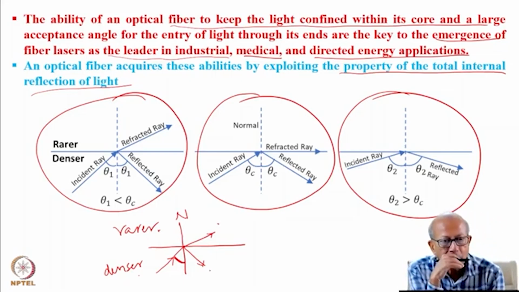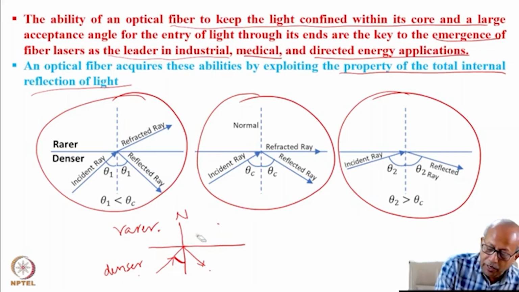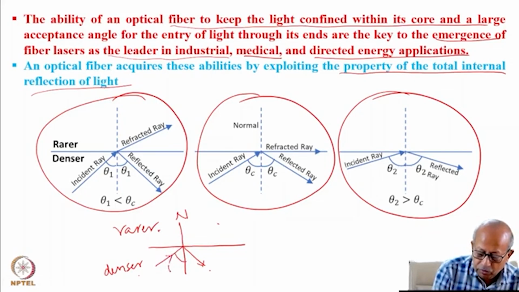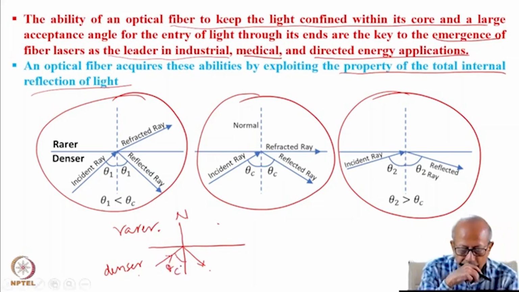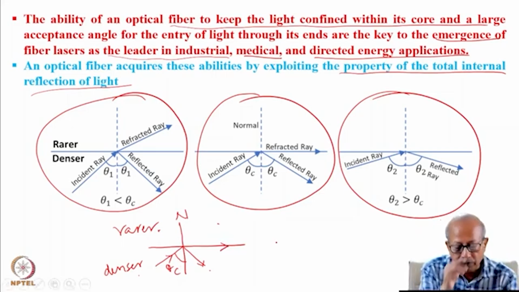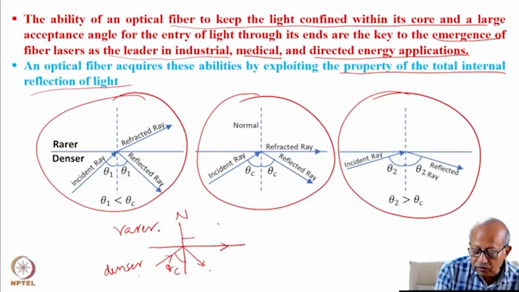However, when this angle of incidence assumes a particular value, which we call theta c, then the refracted ray grazes over the interface. That means the angle of refraction now becomes 90 degrees.